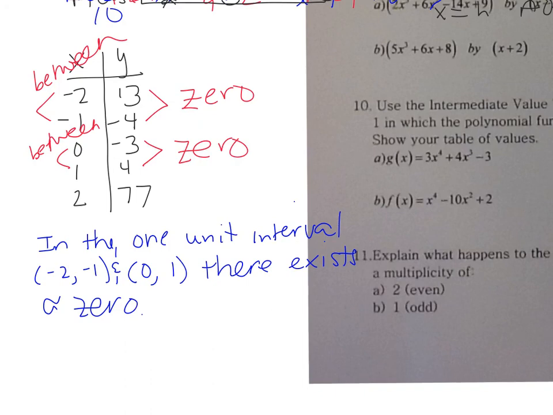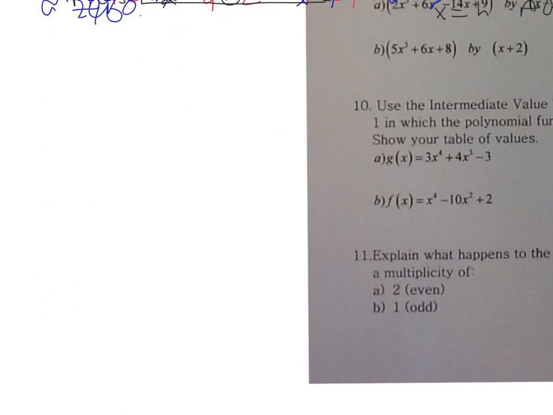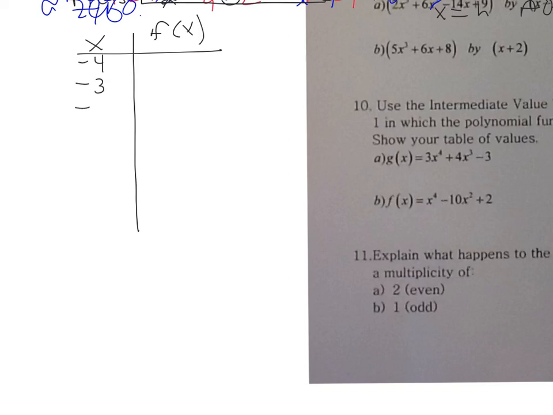Okay, so let's try 10b. Same thing. You're going to plug this in. Look at your graph to see where it's crossing the x-axis so you know which table of values to write. I have to actually go from negative 4 to 4. So negative 4, negative 3, negative 2, negative 1, 0, 1, 2, 3, 4.